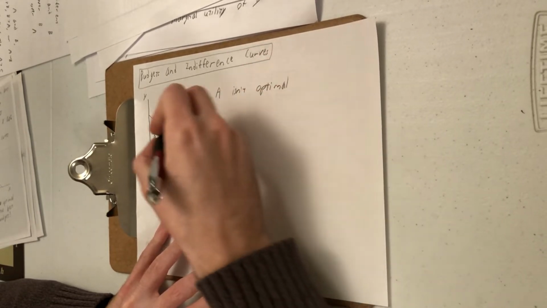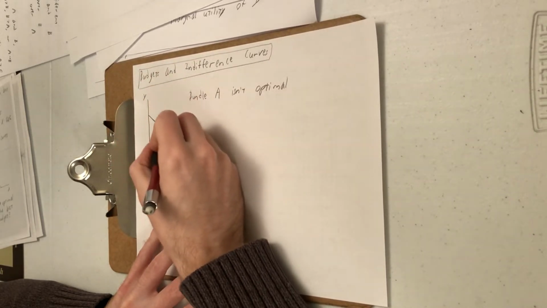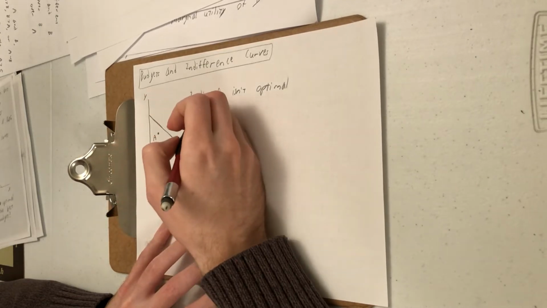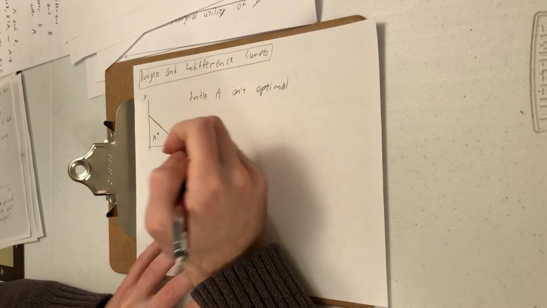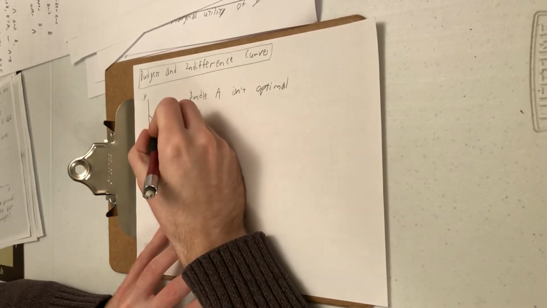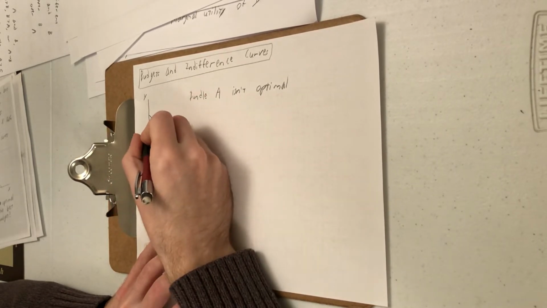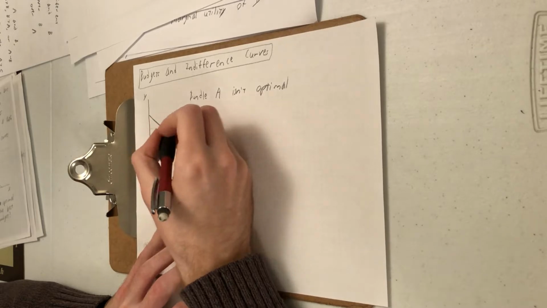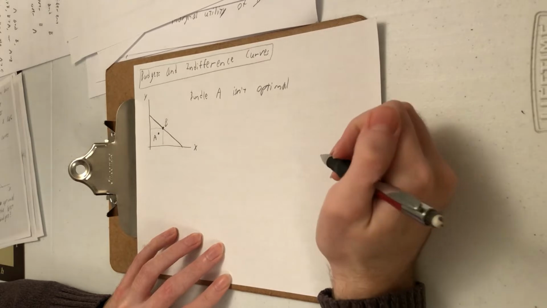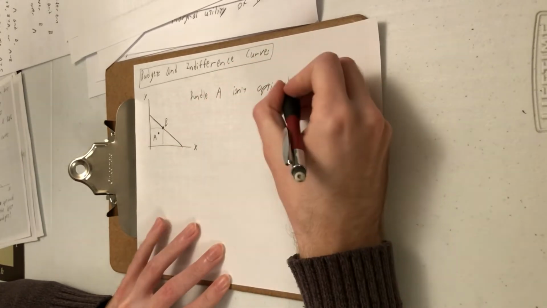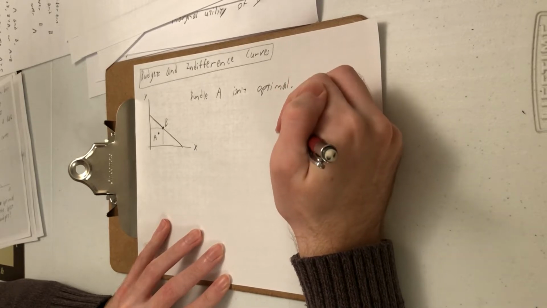Recall we said that with the budget line you buy everything on the line or inside it, but not the things that are outside it. The problem with bundle A is that there are some better bundles that are still affordable. There's a bundle out here. This one contains more of both goods, but let's call it bundle B. Because more is better, we know B is preferred to A, and B is affordable, so A is not the best.